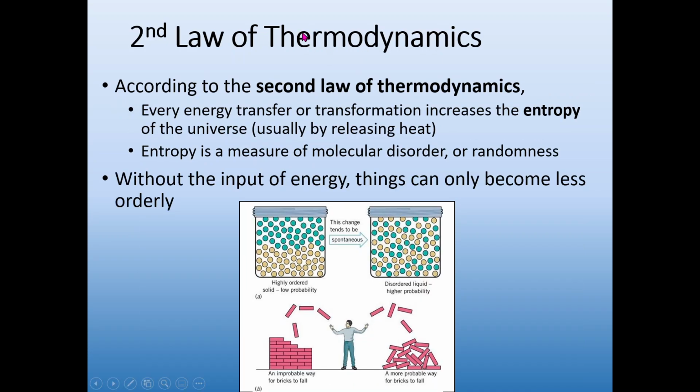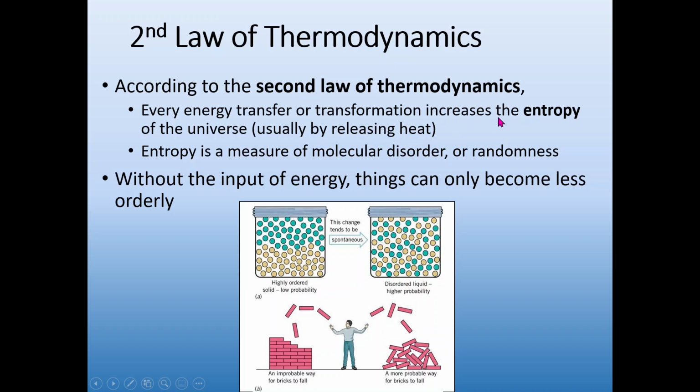So then comes in the second law of thermodynamics, and this one's the trickier one. I think the first one's pretty simple. We have what we have. Second one says that every time we transfer or transform energy, we are going to be increasing the entropy of the universe. In the case of organisms, again, usually that's in the form of releasing heat.